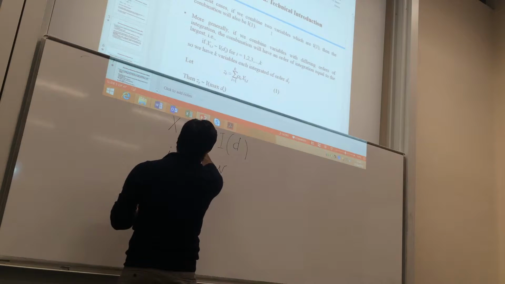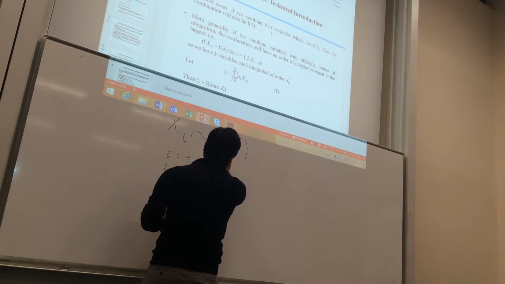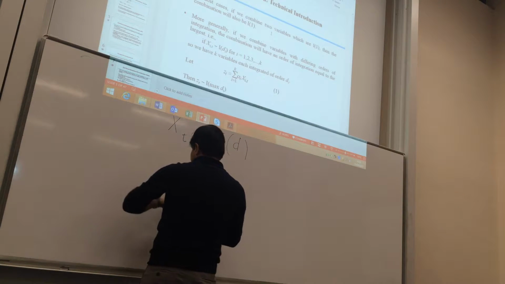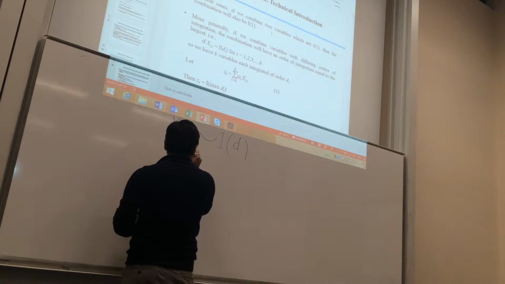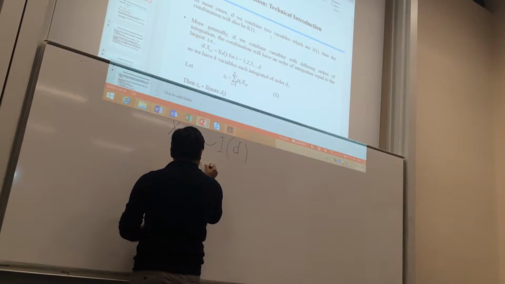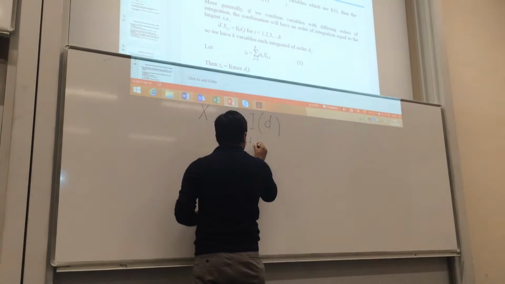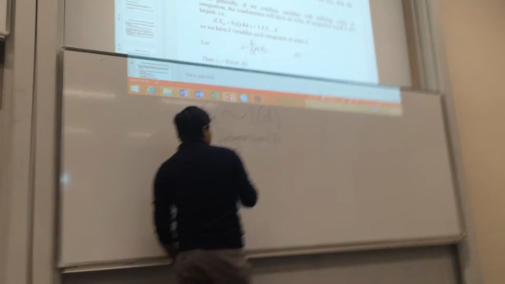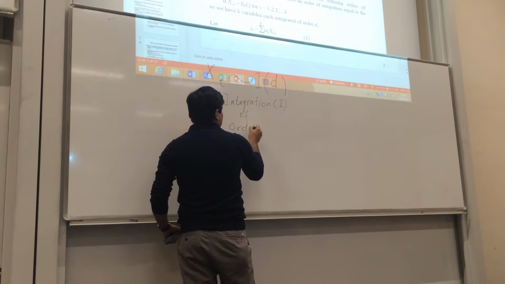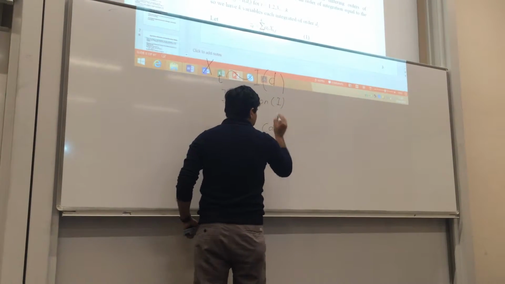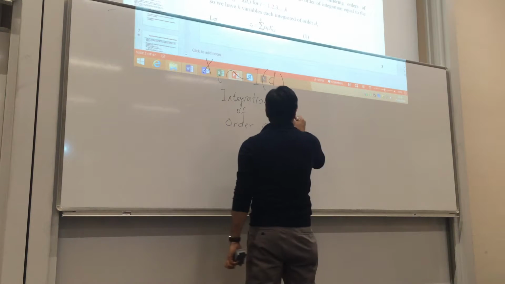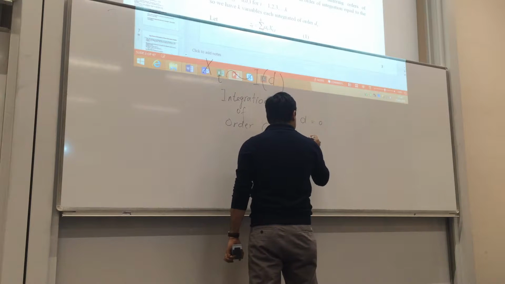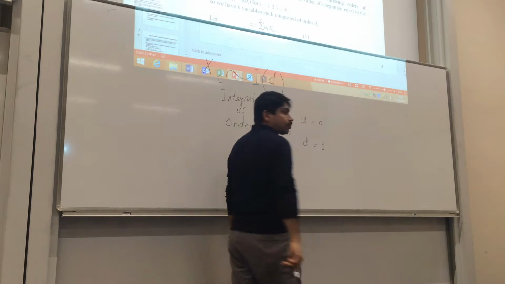So this x_t is distributed as integration of order d. Okay, so what we call integration of order d: I is integration, d is the order, where d can be in this case equal to 0 or d can be equal to 1.